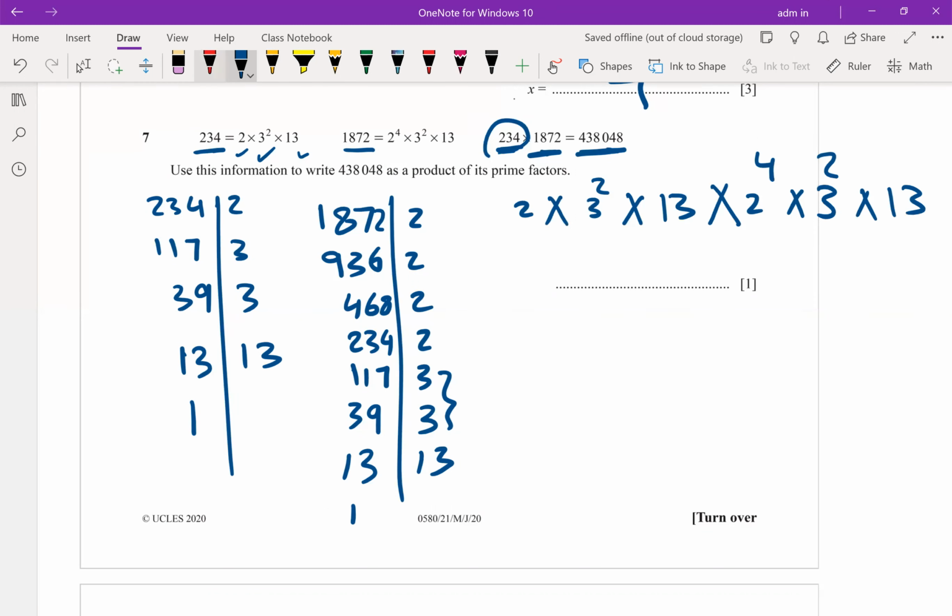For multiplication, same base, add powers. This is 2 to the power of 1, this is 2 to the power of 4. It will be 2 to the power of what? 5. And 3 to the power of 4 times 13 to the power of 1, 1 plus 1, so it will be power what? Power 2. Clear?